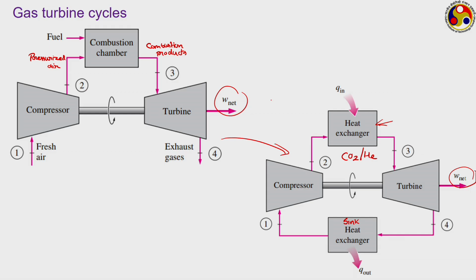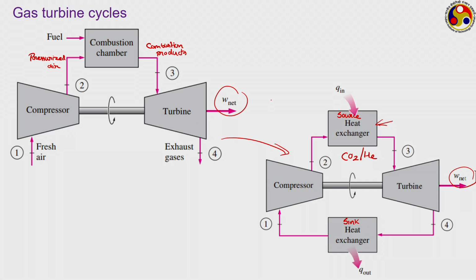We are not considering any combustion; rather, we are replacing the combustion by a heat addition process. So, the combustion chamber gives way to this high temperature heat exchanger, which can also be termed the source, and the inlet and exhaust processes are eliminated and substituted by a low temperature heat exchanger, which allows the heat release, so that the system can go back to the initial state, that is, the beginning of compression.